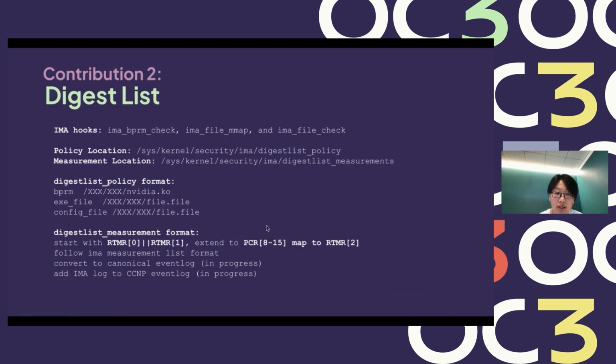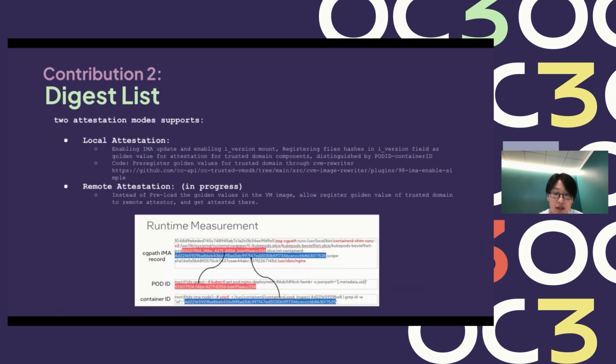And the digest list measurement will start with RTMR1, which is extended to PCR 8.2.15, which is mapped to RTMR2 in the vTPM driver. We are now following the IMA measurement list format, and we will convert the CCEL event log and IMA log to the CCNP event log as well.